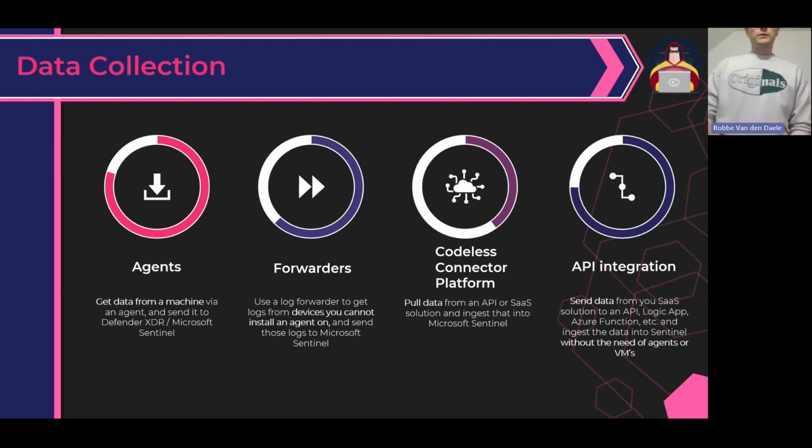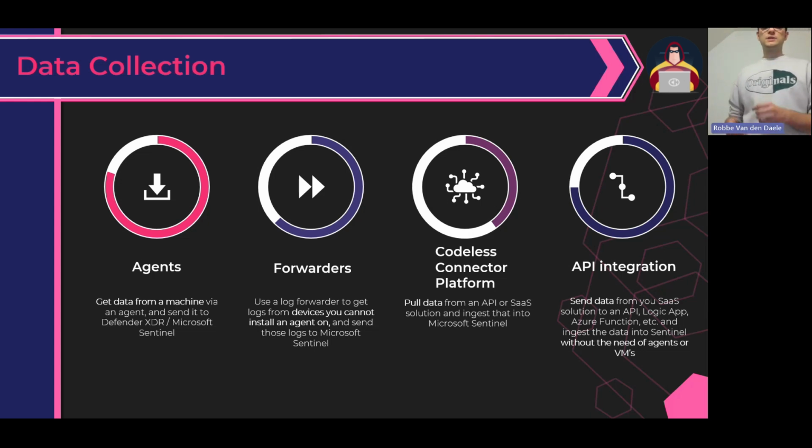The second way of doing it is using forwarders. So let's say that you have a firewall and you cannot install an agent on that, then you need to configure a forwarder, a syslogs forwarder, for example, sends the data from the firewall to the forwarder, and then the forwarder sends it to Microsoft Sentinel.